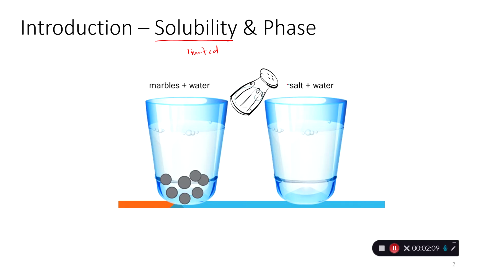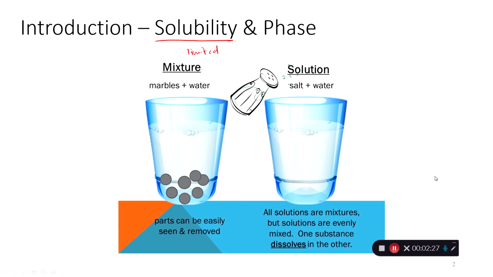A certain amount of salt in a certain amount of water will give you a certain value for the solubility. Compared to marbles, any amount of marbles in water will not make it dissolve. So in this case, we can call the system on the left a mixture and the one on the right a solution.